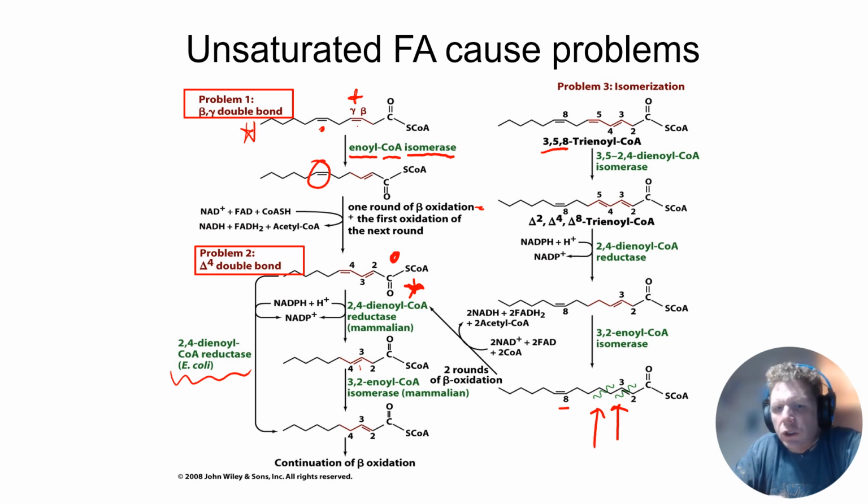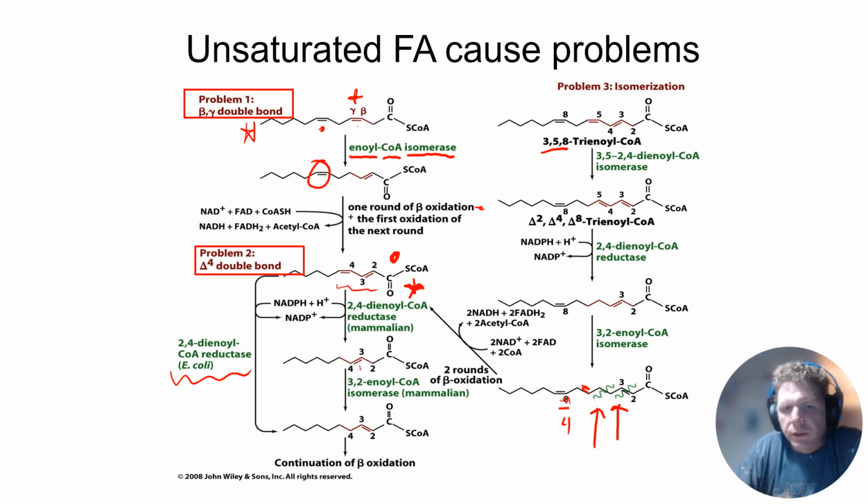Instead, what this is showing is that eventually this carbon number 8 will be, on a shorter fatty acid, carbon number 4. And we'll have a double bond between carbons 2 and 3. And then we'll have another double bond between 4 and 5, which is what we see right here.